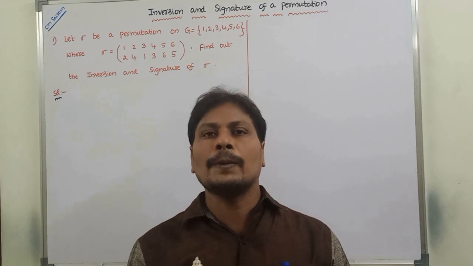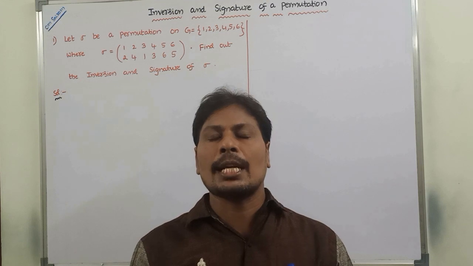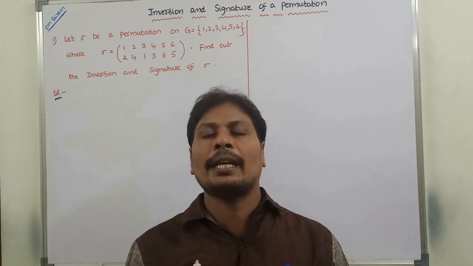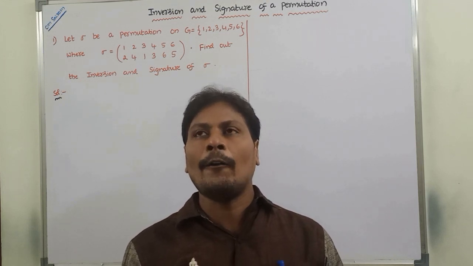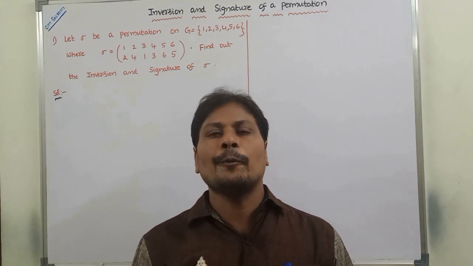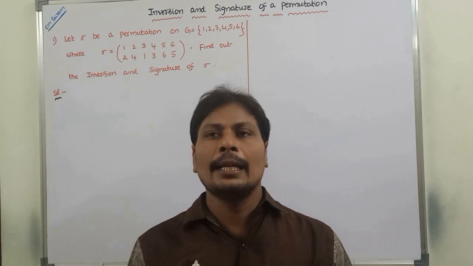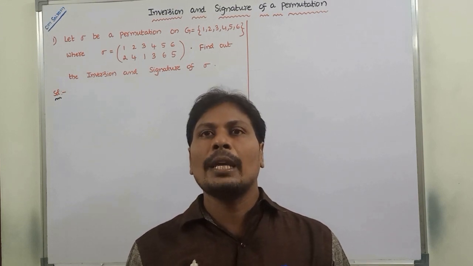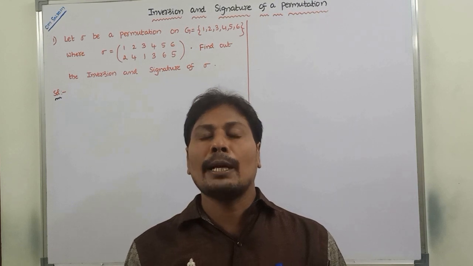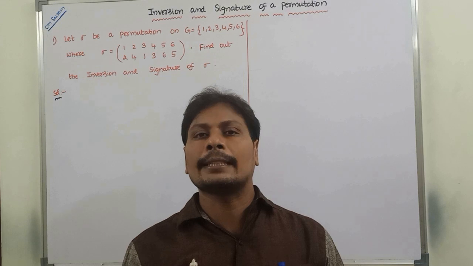Today we are going to discuss one example problem on inversion and signature of a permutation in group theory of the discrete mathematics course. In the previous video, we already solved one example problem using one method. Now in this video, we discuss one more example problem on the same topic with a different technique.